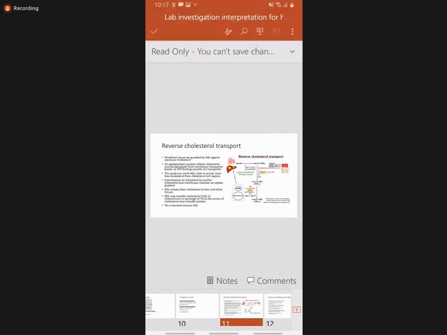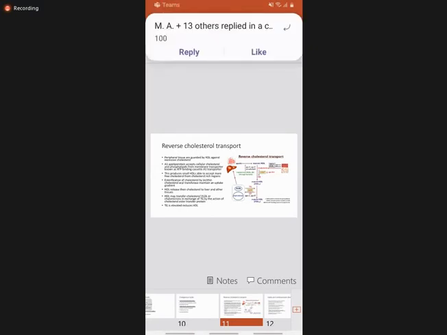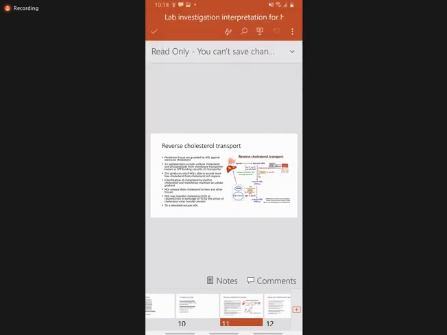The esterification of the cholesterol occurs with the help of lecithin cholesterol acyl transferase, LCAT, that maintains an uptake gradient. Okay, now HDL releases the cholesterol to the liver and the other tissues. It distributes the cholesterol evenly.